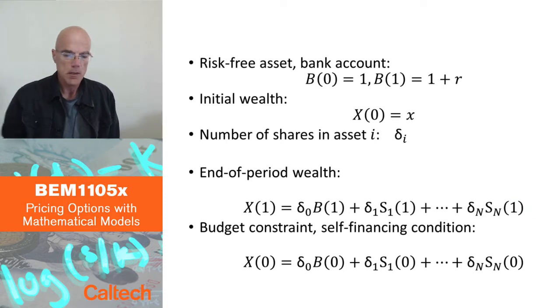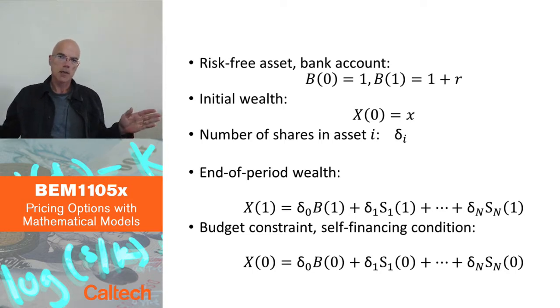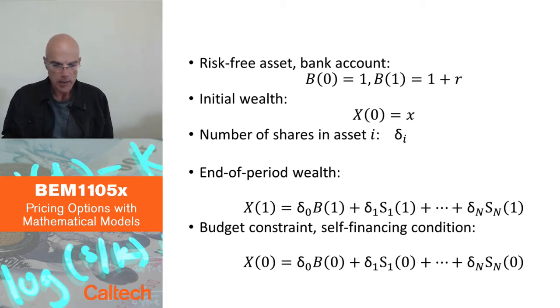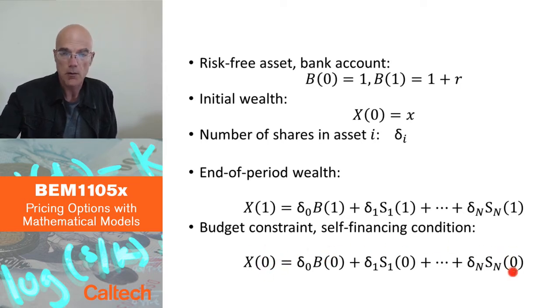There is something called the budget constraint or a self-financing condition, which simply says that there is no extra money coming in or out of my portfolio. I just start with X and that's it. And then all the money stays in and nothing comes in from outside. The way to present this in this single period model is that the initial amount of money you have has to be split between all the assets that are available.